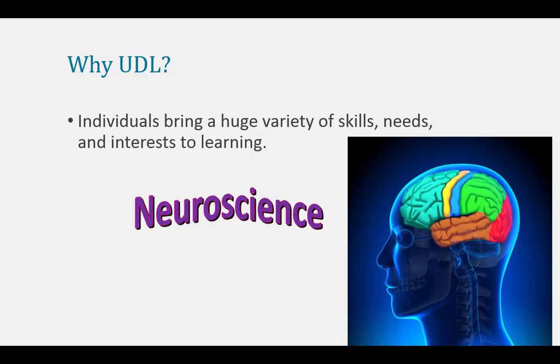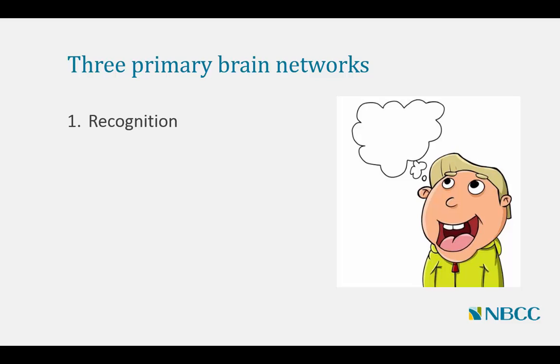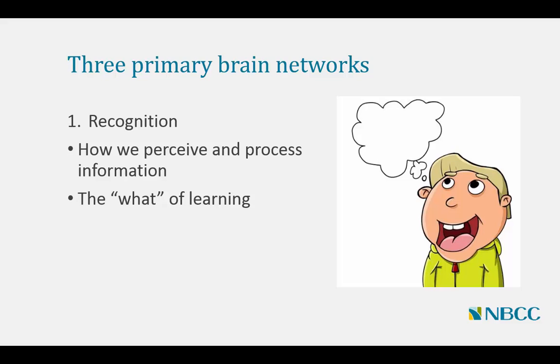There are three primary brain networks that come into play in the classroom. First is the recognition network, which has to do with how we perceive and process information. CAST, who are the originators of Universal Design for Learning, call this the what of learning.